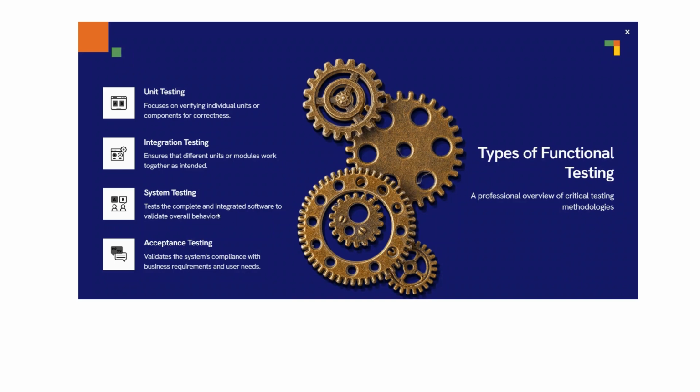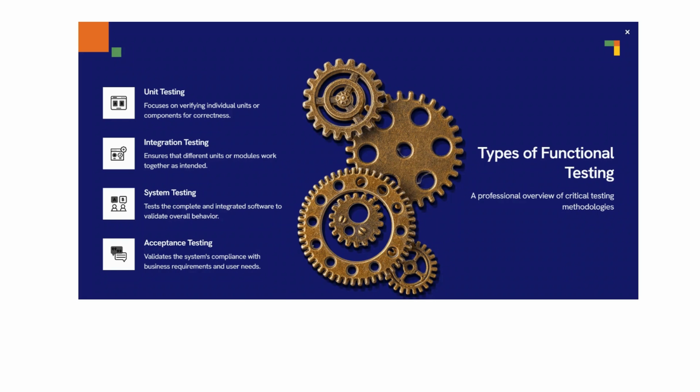We'll test the whole system. Acceptance testing validates the system's compliance with the business requirements and user needs. Acceptance testing means it's acceptable as per the system compliance and with respect to the business requirements and user needs. This is the basic overview of these things.